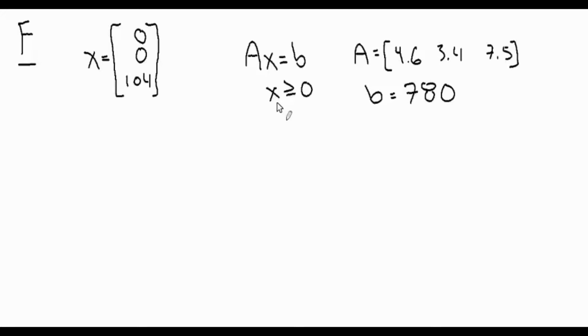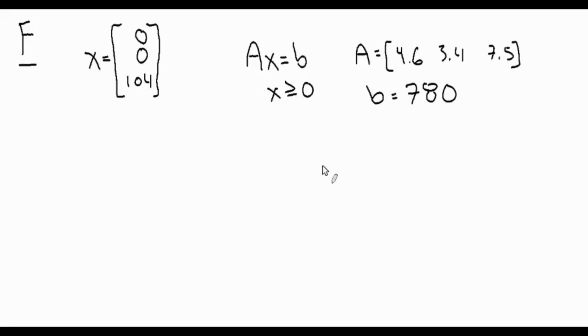And the third part that's required for it being a basic feasible solution is we look at the columns of A that correspond to non-zero entries in X. And that set of columns of A that correspond to non-zero entries in X has to be linearly independent. If it is, then X is a basic feasible solution. To test whether X is a solution, we just determine whether AX equals B. So let me write down here, we're looking to see whether X is a solution.